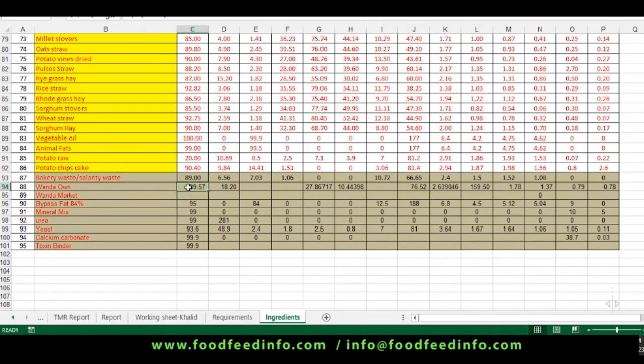One row down is the value if you are formulating your own concentrate and you want to use this. So don't change these values, because these are the values which the software with this Excel sheet will take from your own formulation. For Vanda market, you have to look at the label of that concentrate, of that diet, and then add it over here if you are willing to use that.